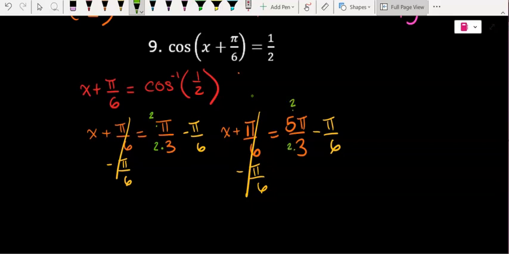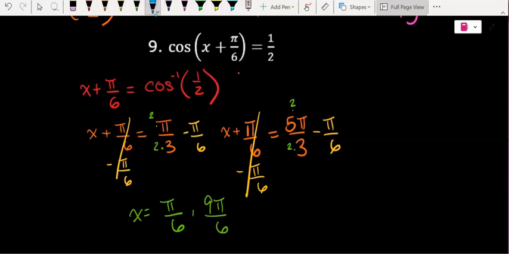So really what I have is 2 pi over 6 minus pi over 6, and that's going to get me pi over 6. And then over here, I'm going to have 2 times 5 pi, so that's going to get me 10 pi over 6 minus pi over 6. So that's going to get me 9 pi over 6.